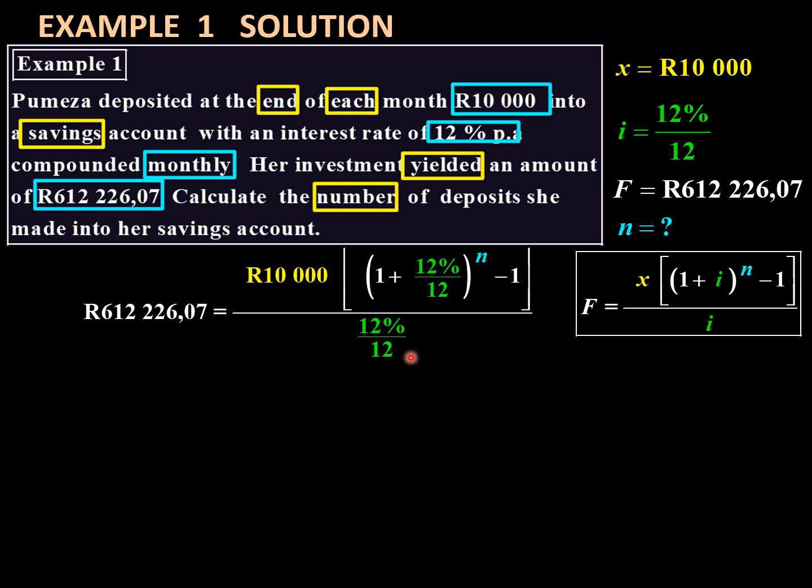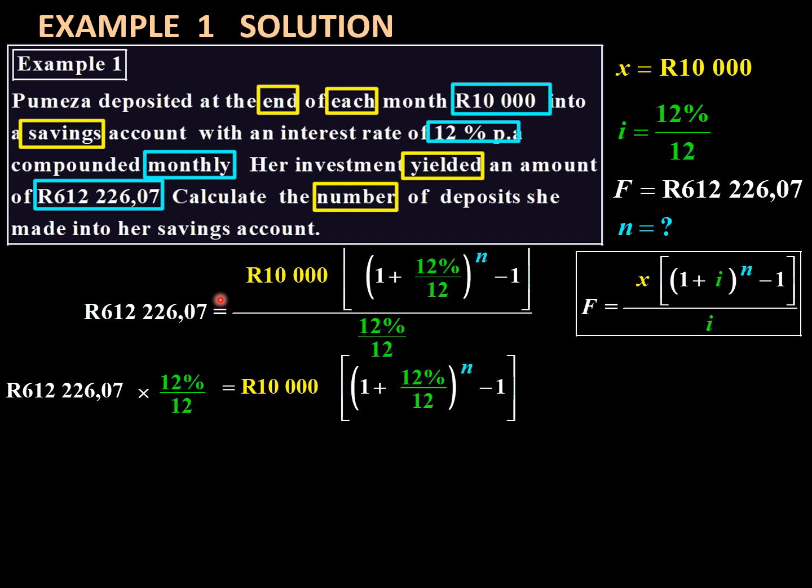Now we want to, instead of dividing by 12% over 12, we have to transpose it. That becomes times by 12% over 12. And then we can write down what the remainder of the equation, the numerator part, there. Now remember, we want to focus on n. So we first have to get rid of quite a few things.